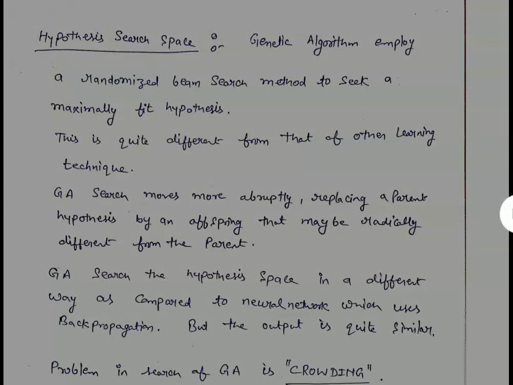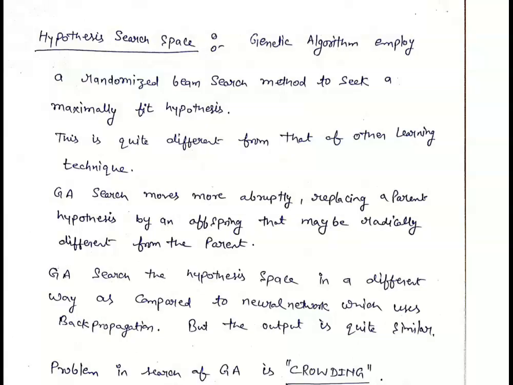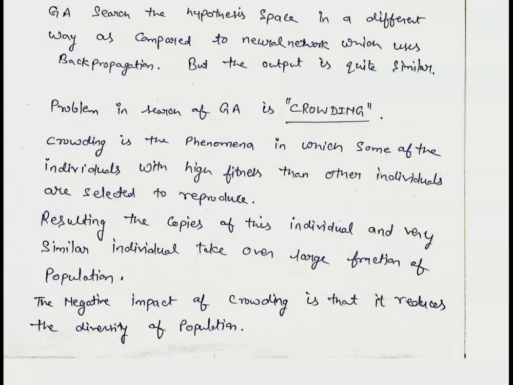Genetic algorithm search moves abruptly, replacing a parent hypothesis by an offspring that may be radically different from the parent. During the hypothesis search, we have to face one problem that is known as crowding. In this problem, those with high fitness value are always selected to reproduce.